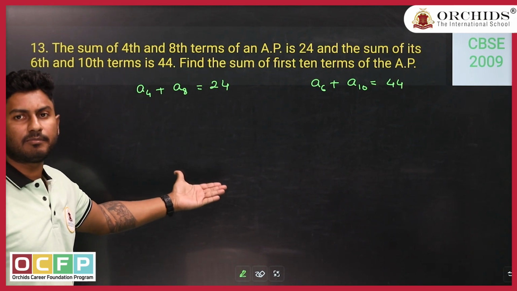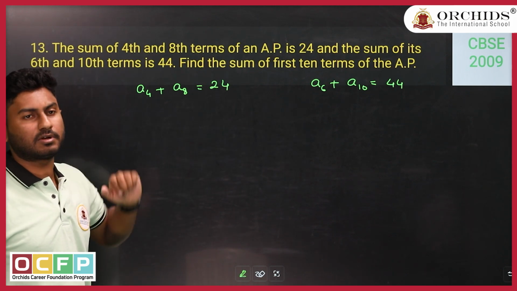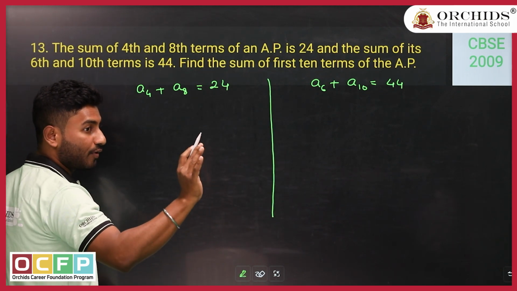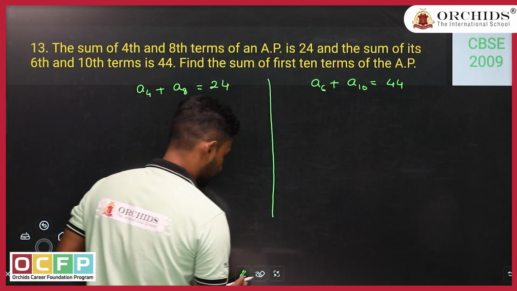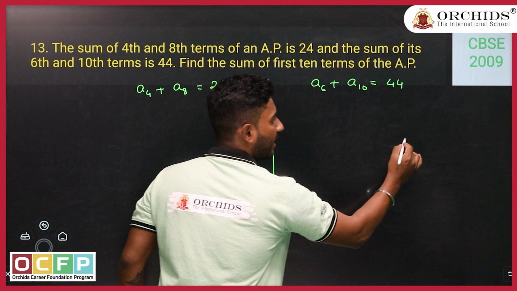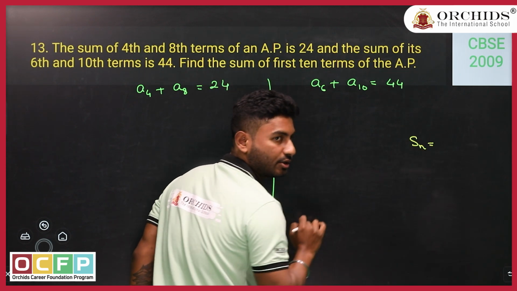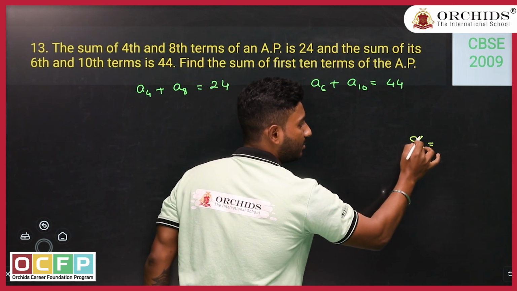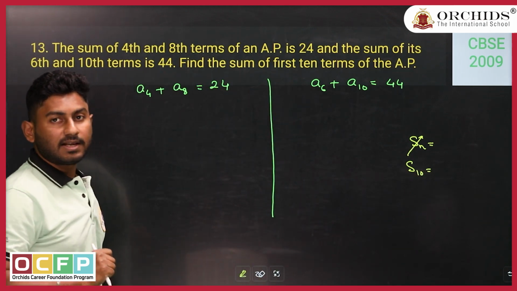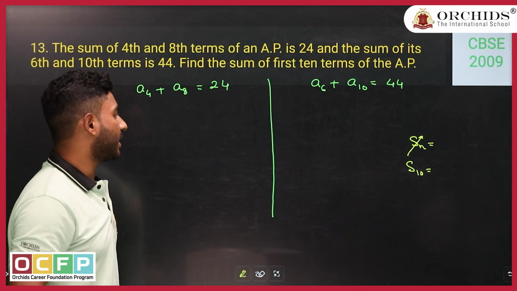Let us see what is the importance of the statement that they have given. Because to find the sum of 10 terms, what do we need? Instead of Sn, I can say S10, because they are asking for the sum of 10 terms.